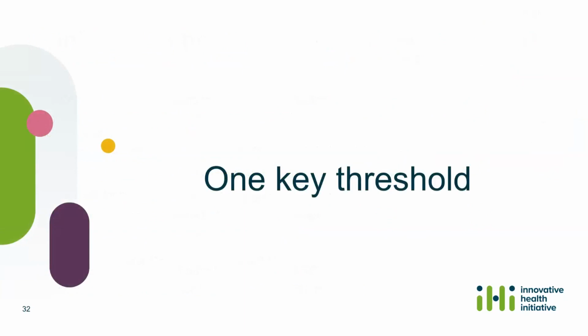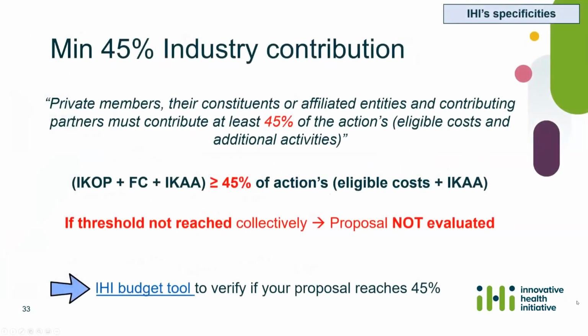And before I start explaining each single type of contribution, I will present you the key threshold that you are already aware of, but which is quite interesting, which is the minimum 45% industry contribution.